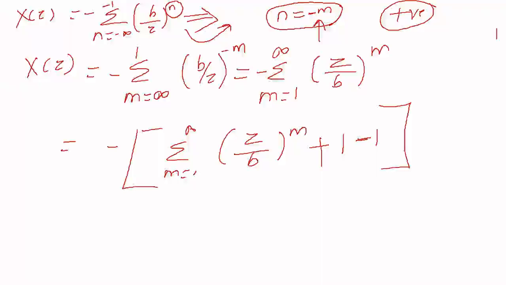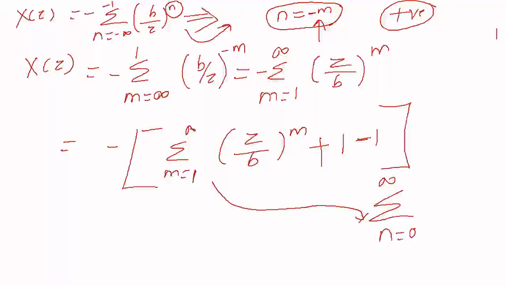What is the reason? The reason is this: m equal to 1 to infinity, but the summation series formula I know starts from n equal to 0 to infinity. But here we are taking m equal to 1 to infinity. So I like to make this equation into this particular shape.